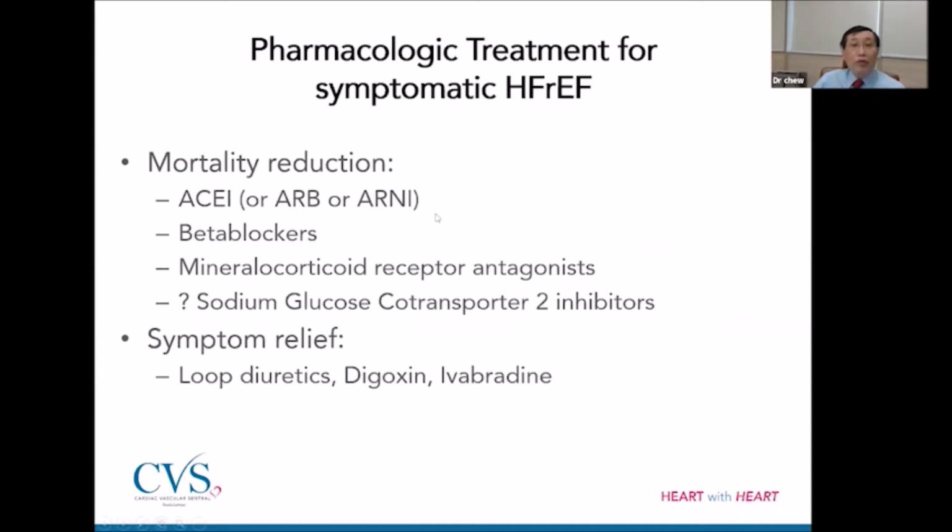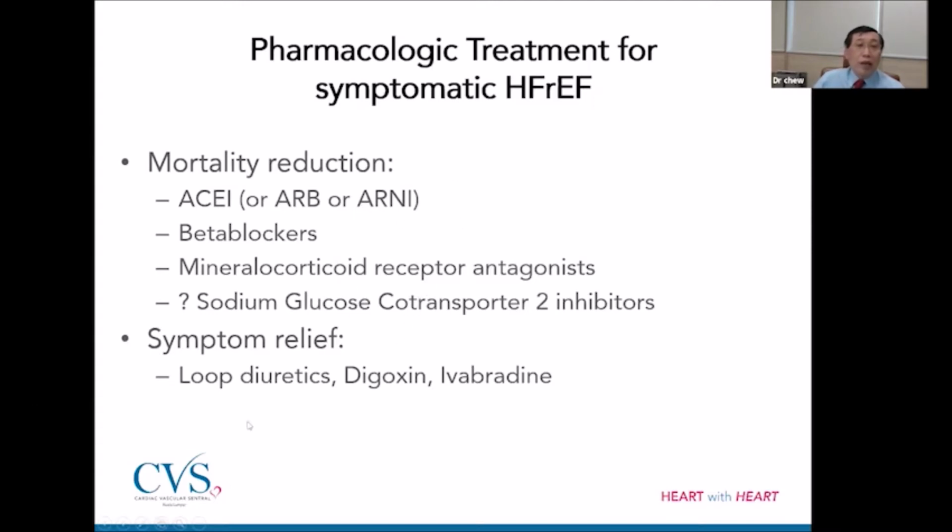Or if the patients are suitable, they should probably use an angiotensin receptor neprilysin inhibitor, because this seems to be better than ACE inhibitors. The second class of agents would be beta blockers. The third class would be mineralocorticoid receptor antagonists. And perhaps we should use sodium glucose cotransporter 2 inhibitors in patients with heart failure with reduced ejection fraction as well.